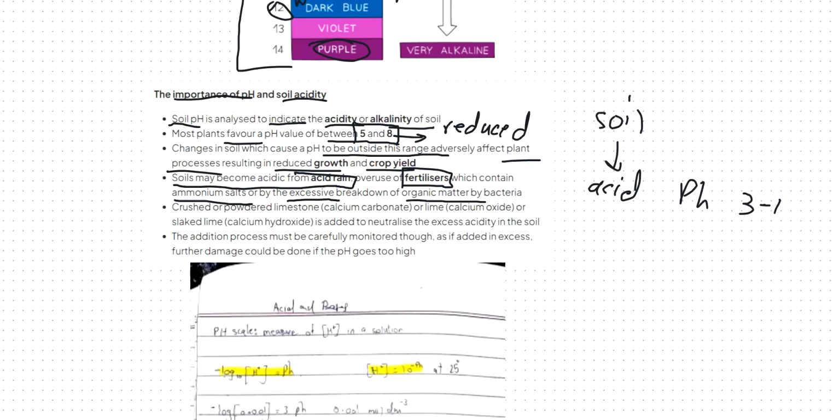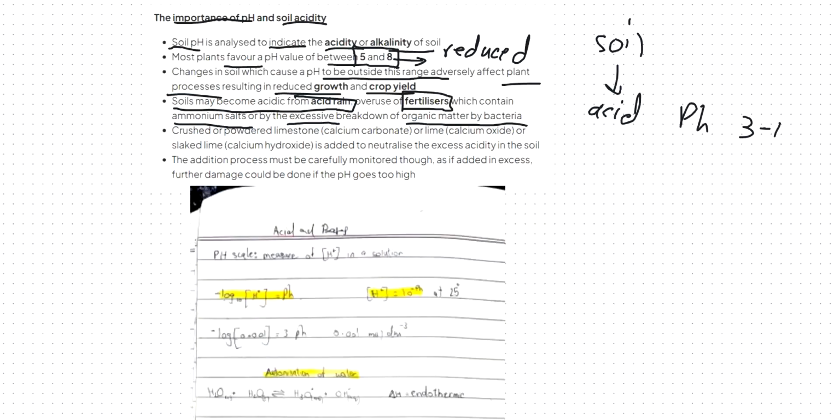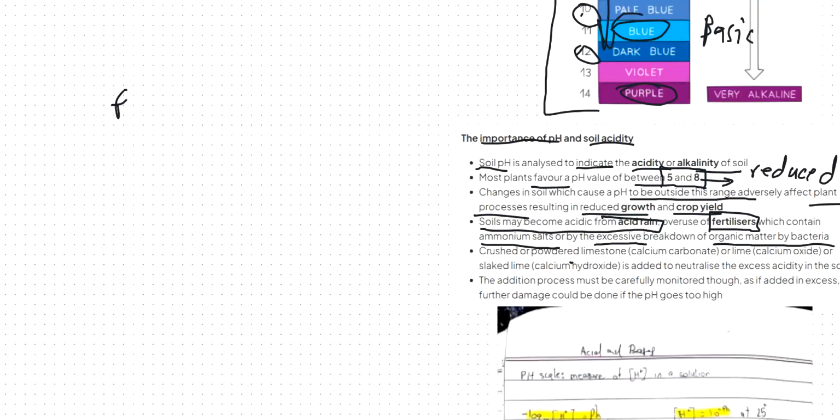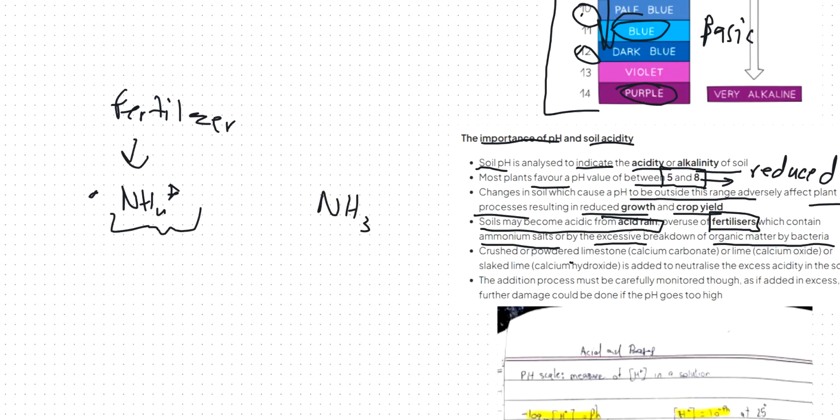So remember that the fertilizers used in soils have the ammonium ion. It has the ammonium salt. Because of this ion, the soil is acidic. Remember, ammonia NH3 is a base, and when this base gains a proton, it becomes NH4 plus.